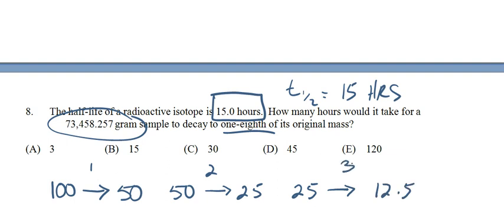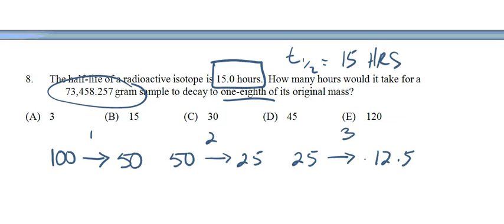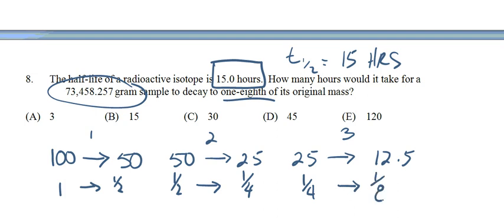Now let's stop right there. Probably what I should be doing is not necessarily doing percents, but we go from 1 to 1/2, 1/2 to 1/4. Yeah, that's probably better. And then 1/4 to 1/8. There we go. Okay, so we've gone through how many half-lives to go from 1 or 100% to 1/8 or 12.5%? We've gone through 3 half-lives.